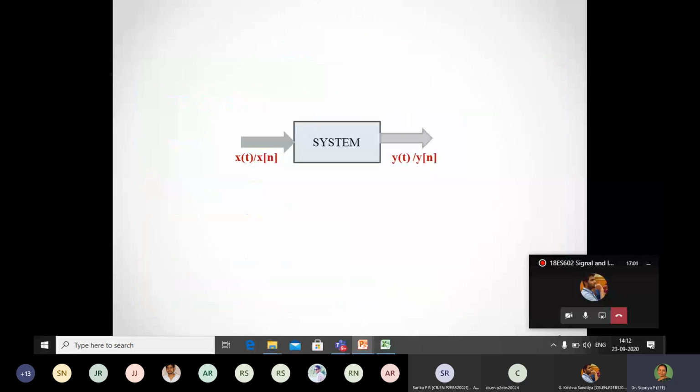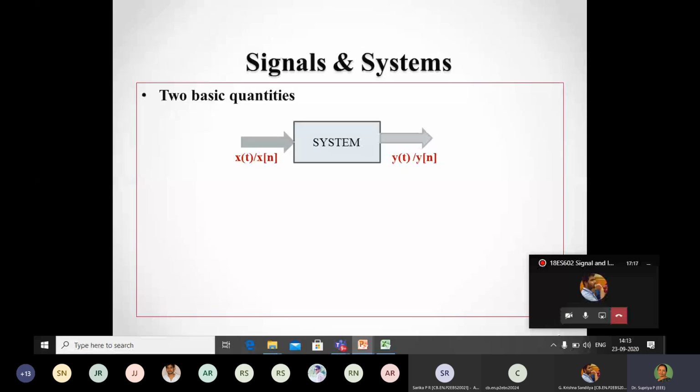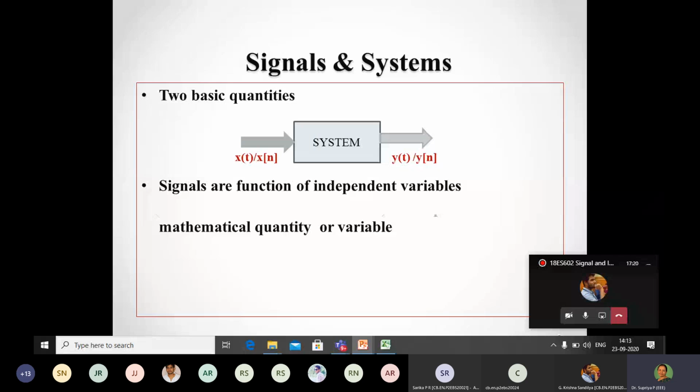Most of you would recall the fundamentals: x of t is the input, y of t is the output for a system, and this is for a continuous time case, and for a discrete time case it is x of n and y of n. And we had also seen what is a system and what is a signal. We had discussed that a signal is a function of an independent variable, either a continuous time t or a discrete time n, and it represents a mathematical quantity or variable.